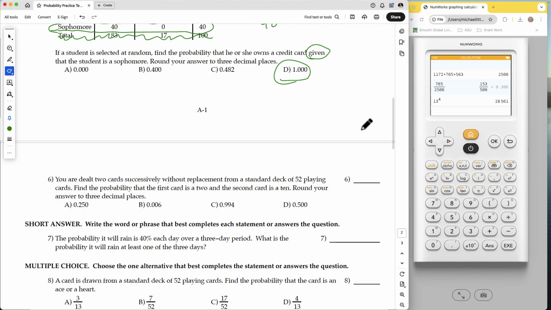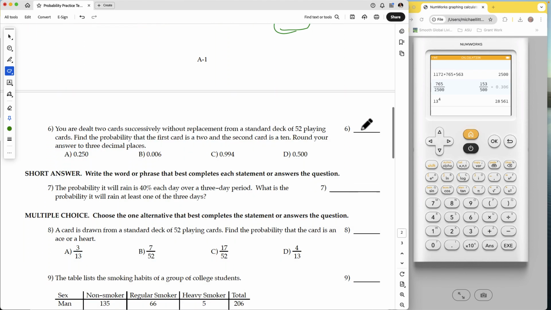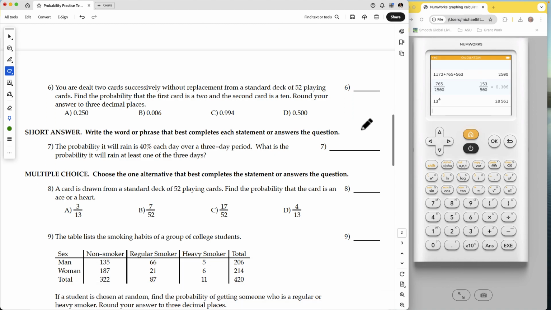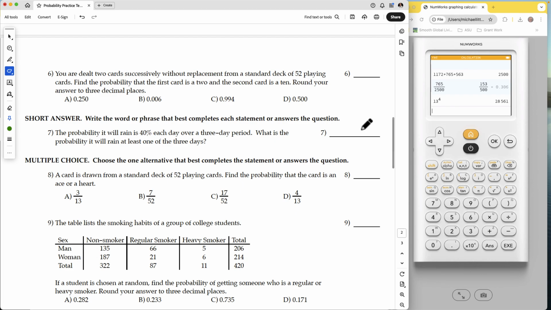Question 6. You are dealt 2 cards successively without replacement from a standard deck of 52 playing cards. Find the probability that the first card is a 2 and the second card a 10. Round your answer to the nearest decimal. Two cards successively without replacement. Okay, so card 1, card 2, and we're going to use the multiplication principle here.